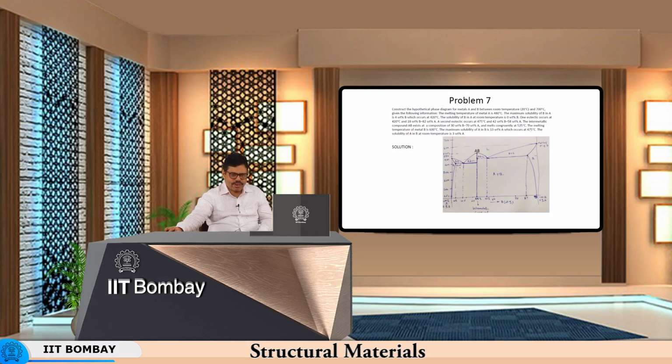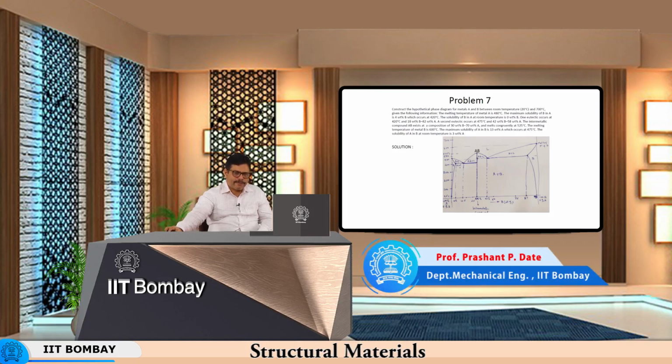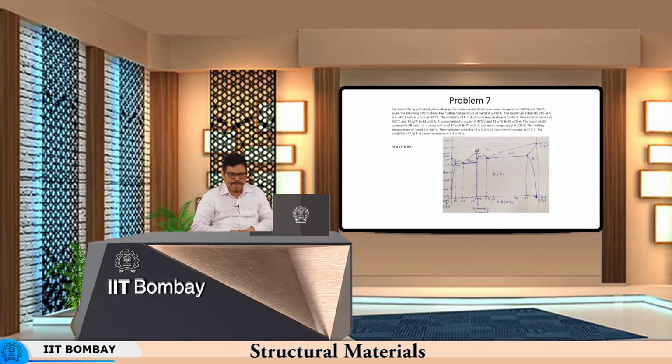So, you draw this line joining 600. Your solubility limit is of the order of 13%. So, you take 87% here and draw this line, and then the last line you draw this way. So, basically this describes the method of construction of this phase diagram given the description. Thank you.